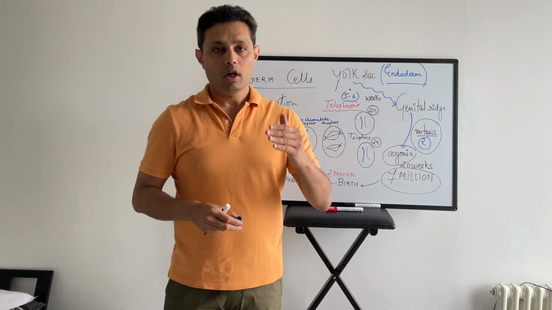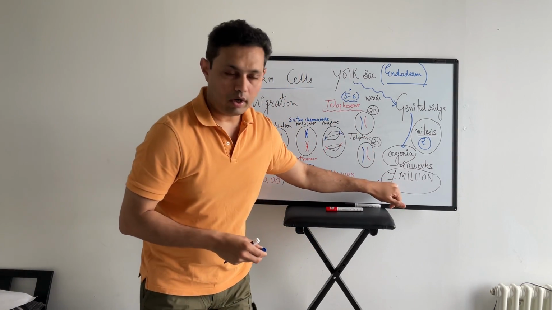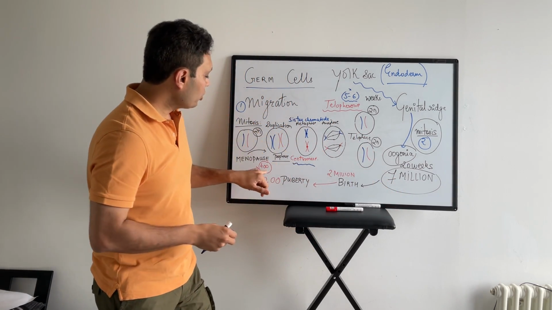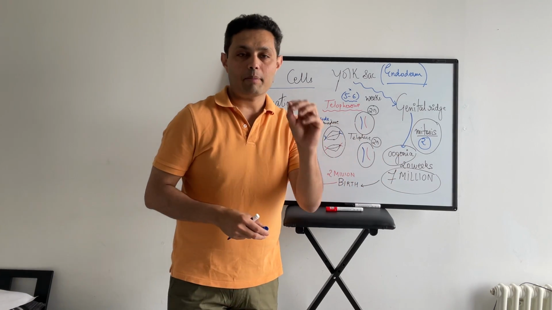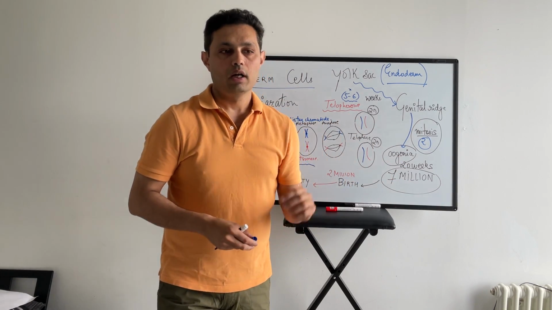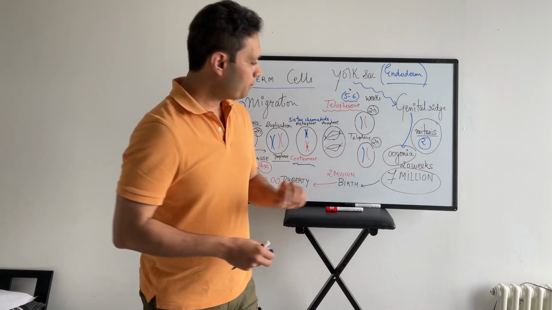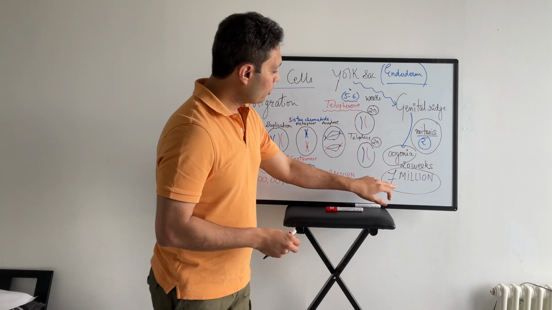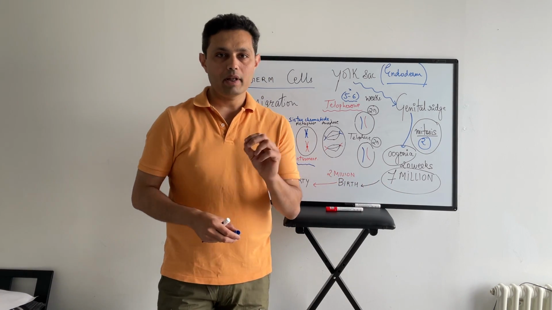There's a process that reduces the number of oogonia from 7 million to just 400 at the time of menopause. So there is something that happens which is known as atresia, which is a spontaneous reduction in the number of the eggs. So at birth, a female child will only have 2 million oogonia.